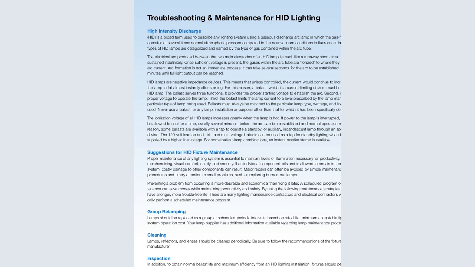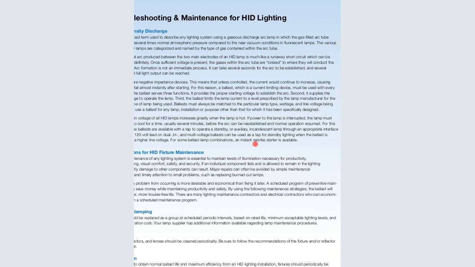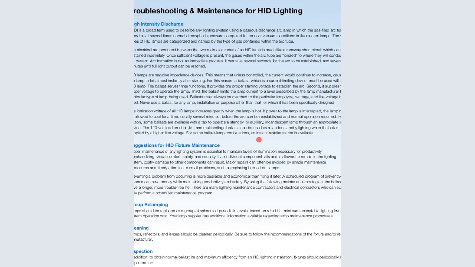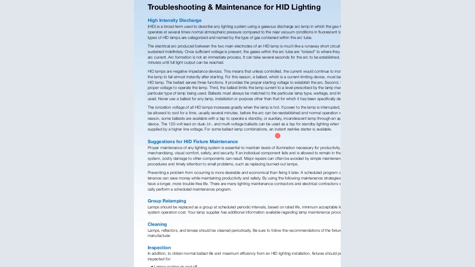When sufficient voltage is present, the gases within the arc tube are ionized to where they will conduct the arc current. The arc formation is not an immediate process. It can take several seconds for the arc to be established, and several minutes until full light output can be reached.